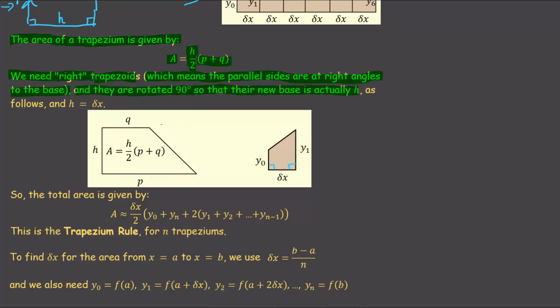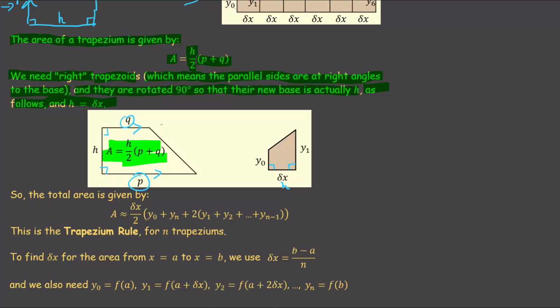So in the diagram below here, we called it delta x, but that's the h just there, and h is equal to delta x, which I just mentioned. So we've got a trapezoid here, just like the one above. P and Q, these two are the parallel sides. H is the distance between those parallel sides. It has to be the perpendicular distance between, and we have the formula as outlined above.